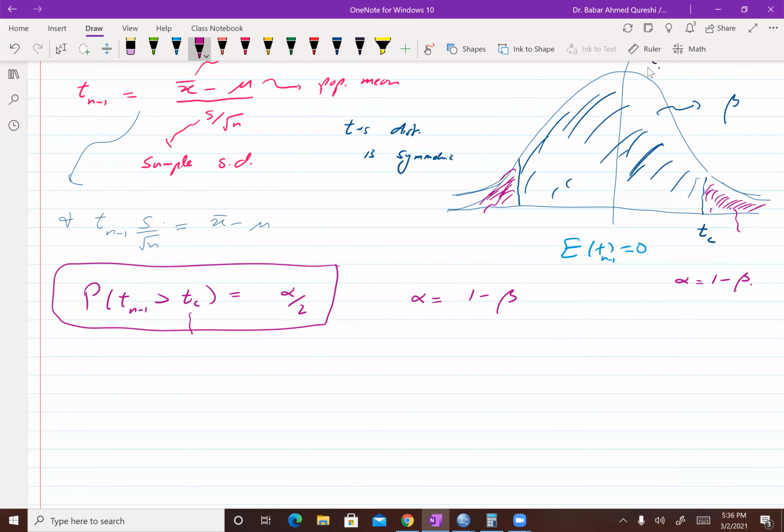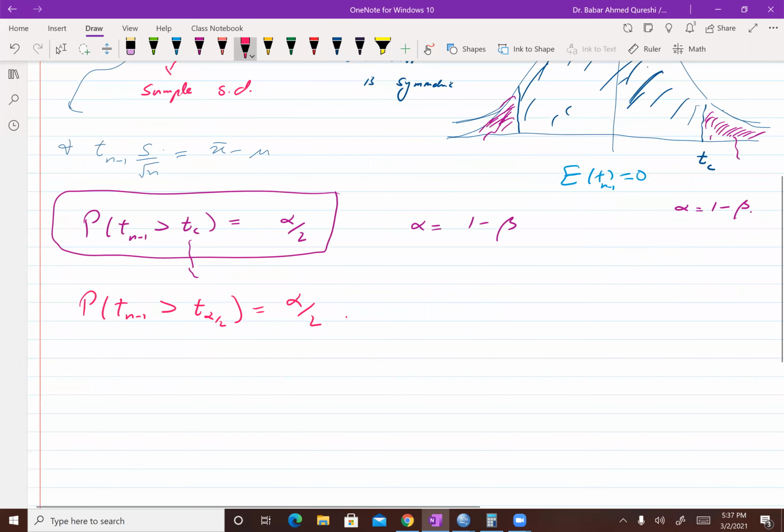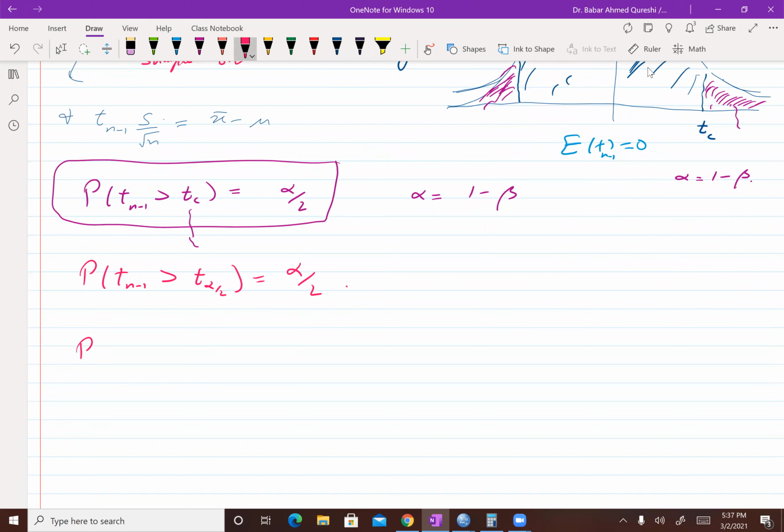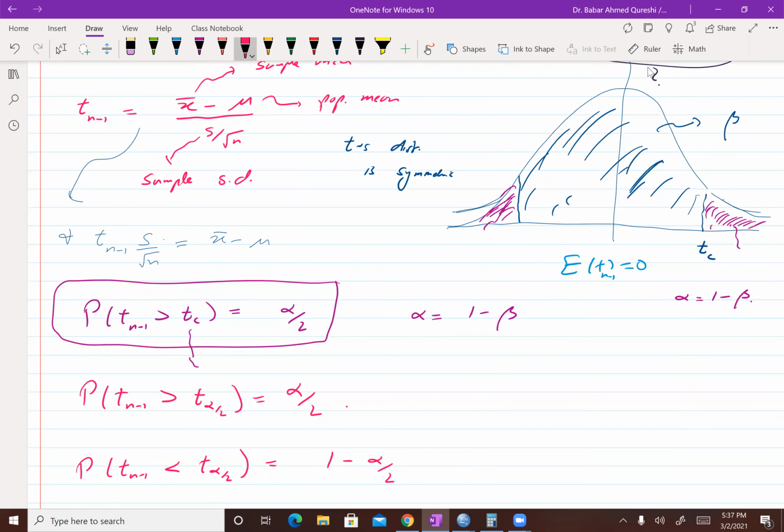So then this critical value we were writing as T alpha by 2. And this same thing can be written as this variable being less than T alpha by 2 with a probability 1 minus alpha by 2. Because if this is the probability for this T to be greater than T critical, this purple one, then the rest would be just 1 minus this.